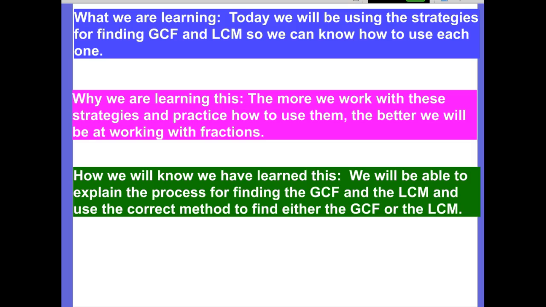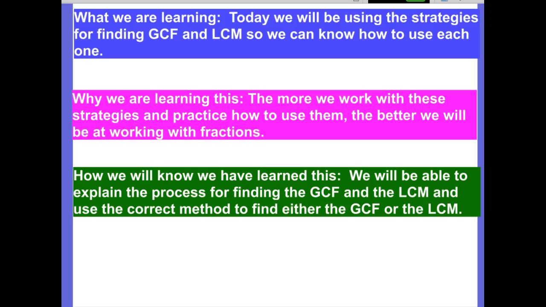Next week, actually before we start dividing fractions, we're going to work with mixed numbers and changing a mixed number to an improper fraction and converting a fraction to a decimal and then to a percent. So we have some interesting work ahead of us.